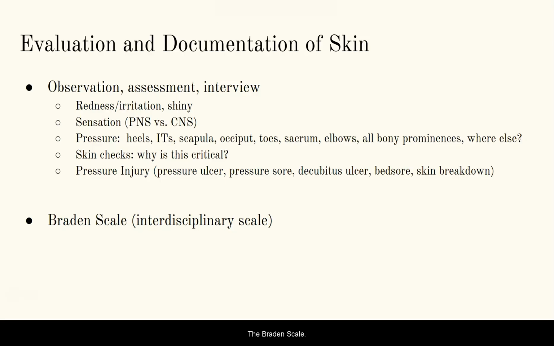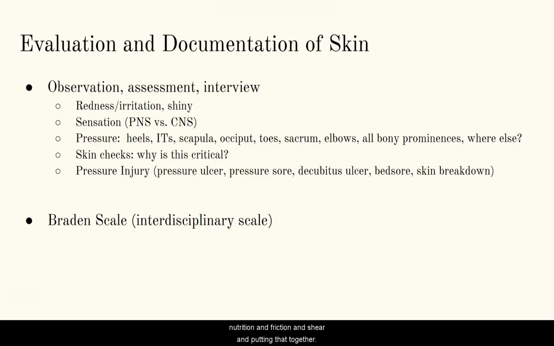The Braden scale, this is an interdisciplinary scale that is used across all interprofessional disciplines, a standardized assessment to evaluate somebody's risk of developing a pressure injury. It evaluates their sensory perception, moisture, activity, mobility, nutrition, and friction and shear.